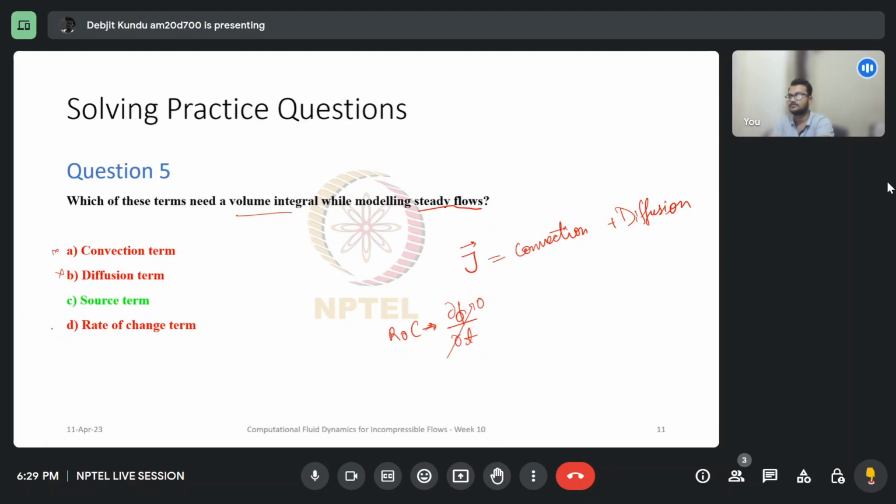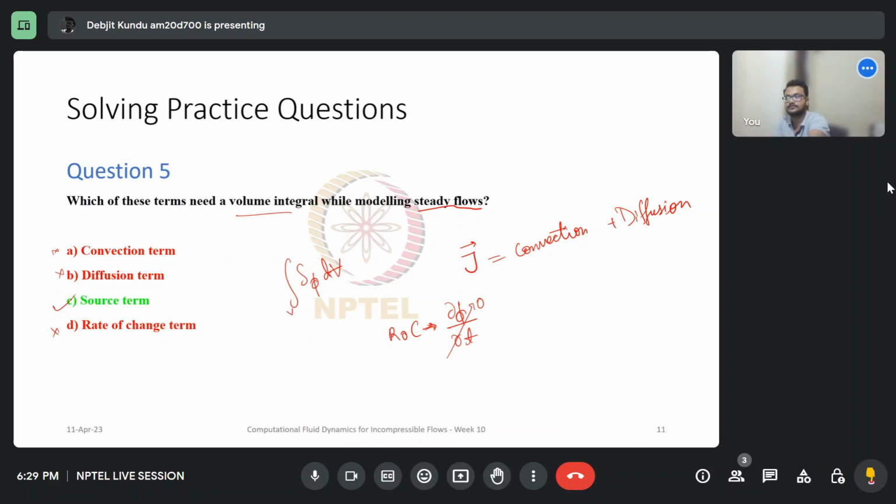That's why this also goes out of the question. It is only the source term that remains, and that has to be integrated over the volume of each cell. So option C is the correct answer. The source term is the term which needs a volume integral while modeling steady flows.